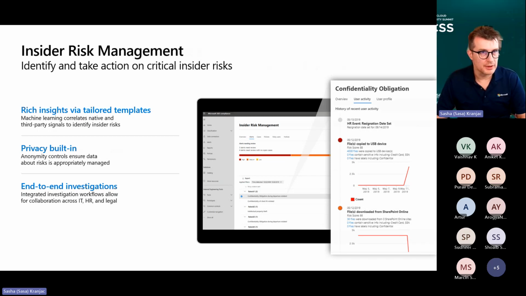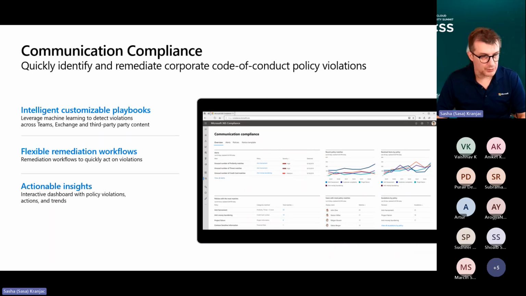So let's go over some other things that we have here. Communication compliance is a solution that helps organizations address code of conduct policy violations in company communications. This also helps organizations in regulated industries meet their specific regulatory and supervisory compliance requirements.